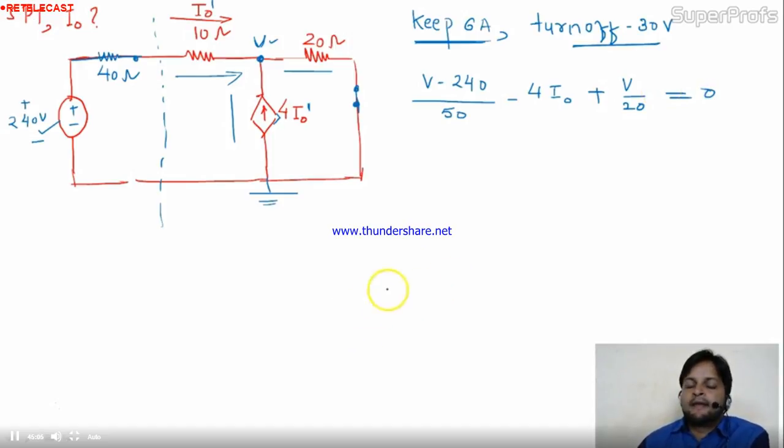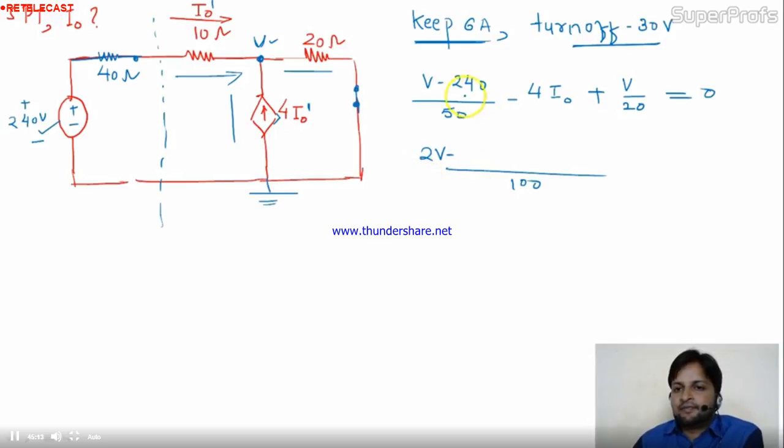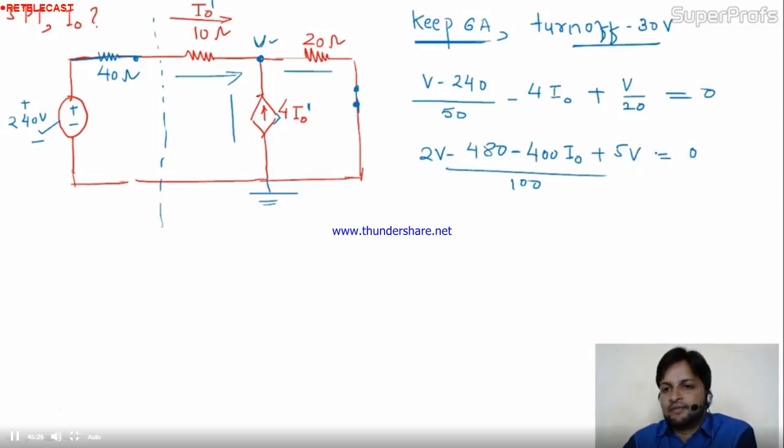Is it okay? Now we can take LCM over here, 100. So it will be 2V minus 480, minus 400 I naught plus 5V equal to 0.